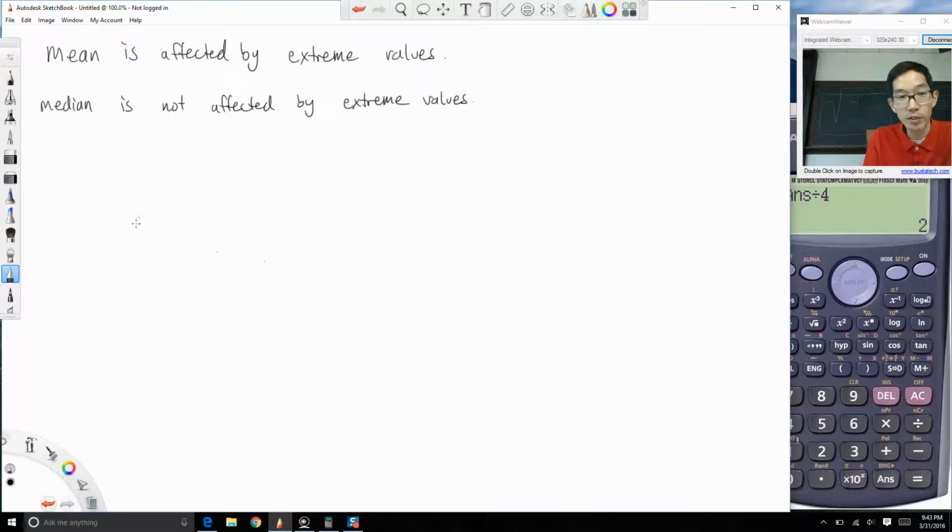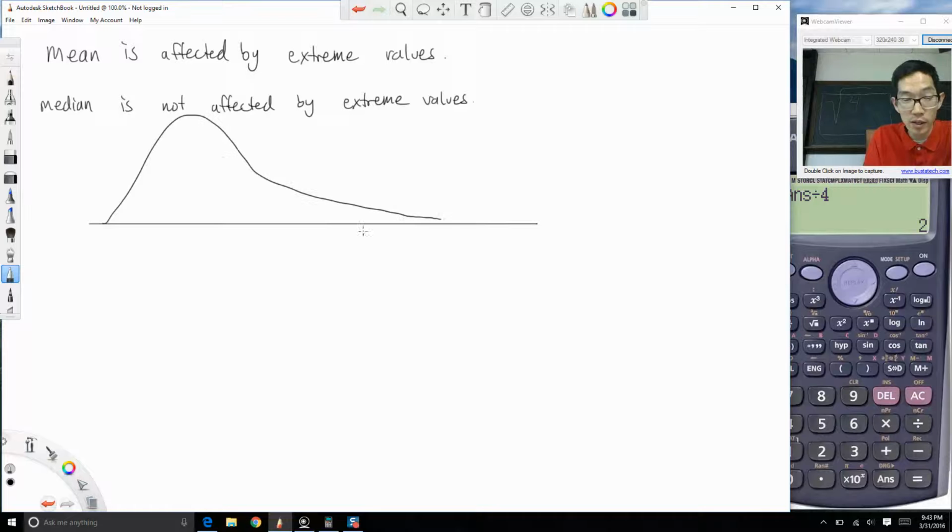If you have data that look like this, I'm just eyeballing this, and I don't know if this is actually correct, so this might be the median, and this might be the mean. I'm not sure.